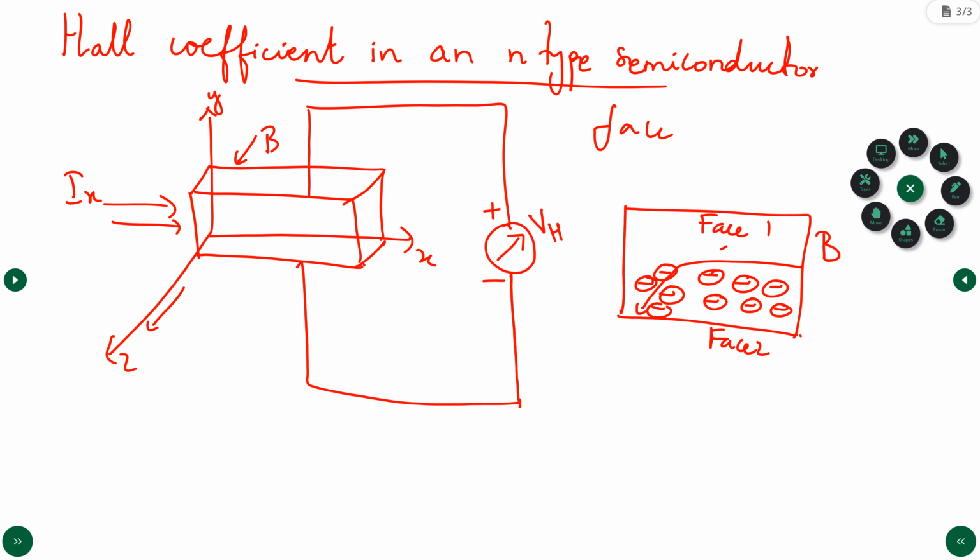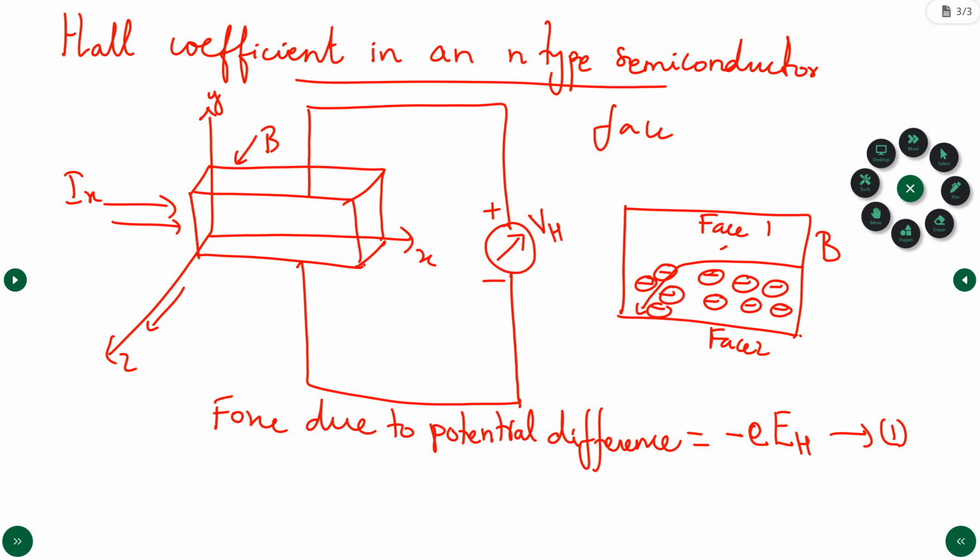So two forces acting. First one is the force due to potential difference. Okay. So it is given by minus e into EH. The negative sign is for representing the negative charge of the electron, and EH is the Hall field.